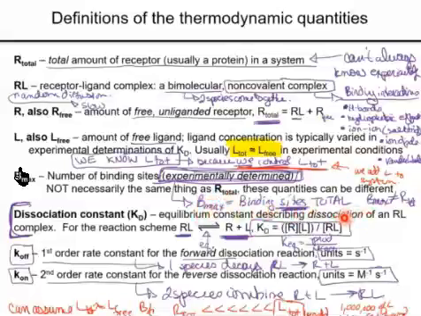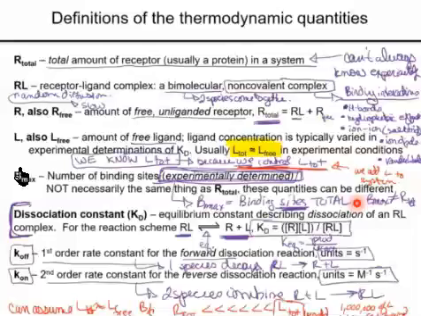Myoglobin has one binding site for oxygen. Hemoglobin has 4 binding sites for oxygen. And so Bmax and R total can vary depending upon the number of binding sites per receptor. And we can experimentally determine this.